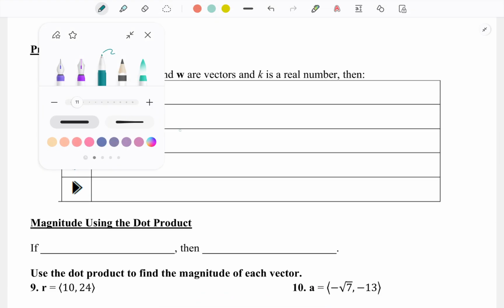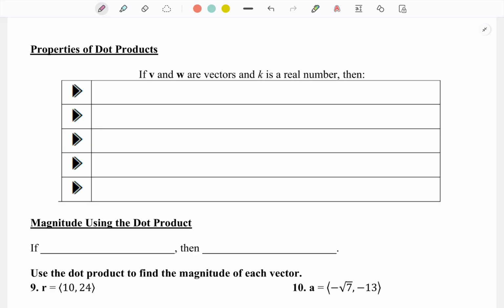So some of our properties of dot products that can show up, just so you know: V times W is going to be equal to W times V, so you can change the order of that multiplication.